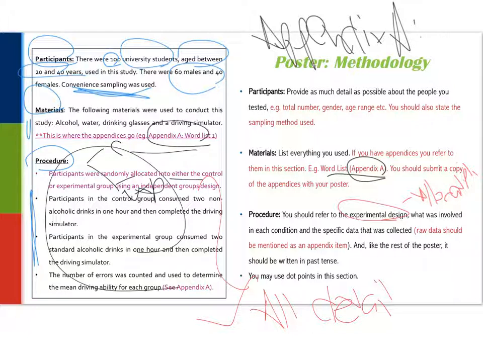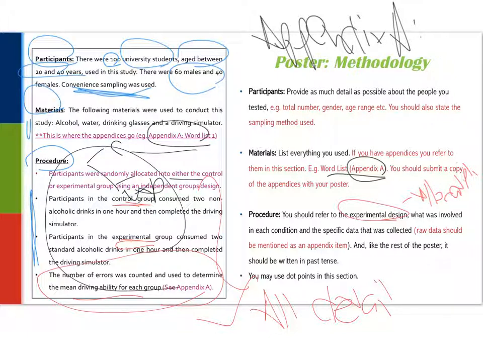The last thing that you are doing is telling me how the information was collated. So down here in this experiment, we can see that we have the obviously independent groups design. We see what the control group's doing, what the experimental group's doing, and in this last dot point, we can see it says the number of errors were counted and used to determine the mean driving ability for each group.